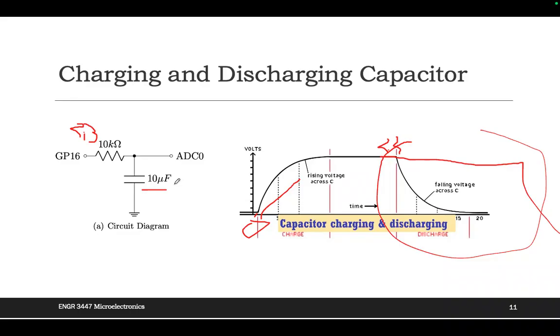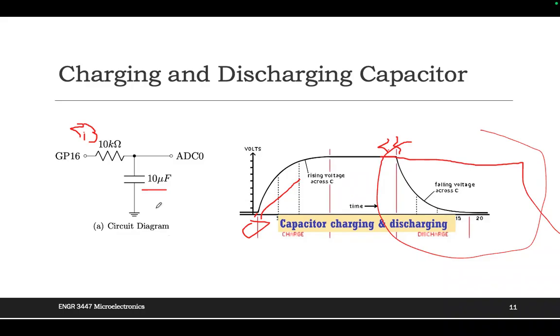You have a circuit, and you want to measure the voltage across this resistor, so you connect the multimeter to one end of the resistor and the other to the other end. It's a similar thing. So my question is, what is ADC0 measuring the voltage across? Is it measuring the voltage across the resistor or across the capacitor?